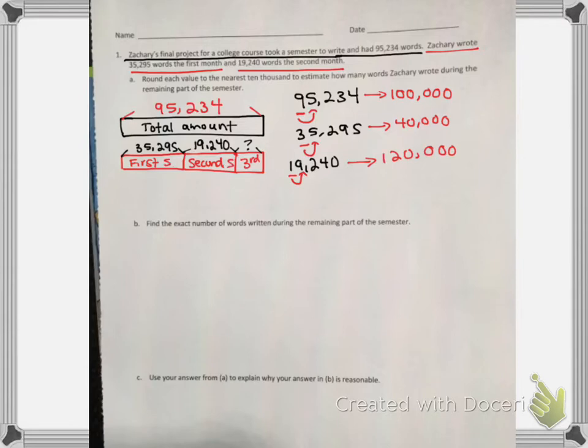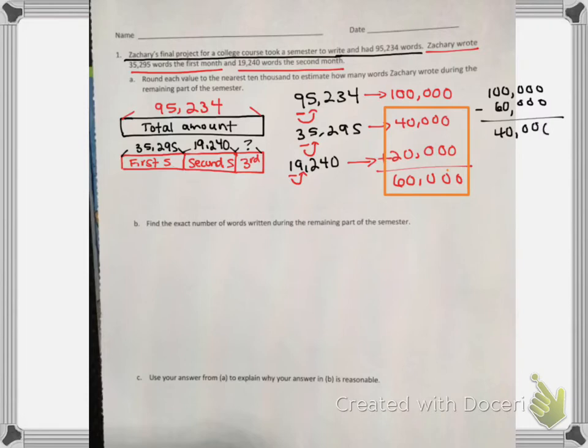Now, I know that this is 60,000, because what I'm doing is I'm adding just these two. Okay? And I can subtract 60,000 from 100,000. Perfect. And I'll get the remaining 40,000. Perfect. That is my estimate for the third semester of how many words he typed. Perfect. So that is our rounded estimate.